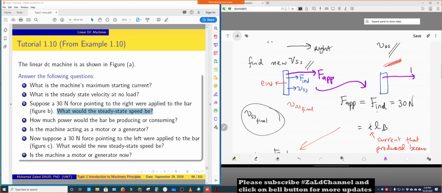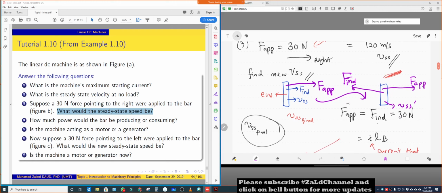It achieves the new steady state speed when it achieves the balance state. I name it as VSS final.